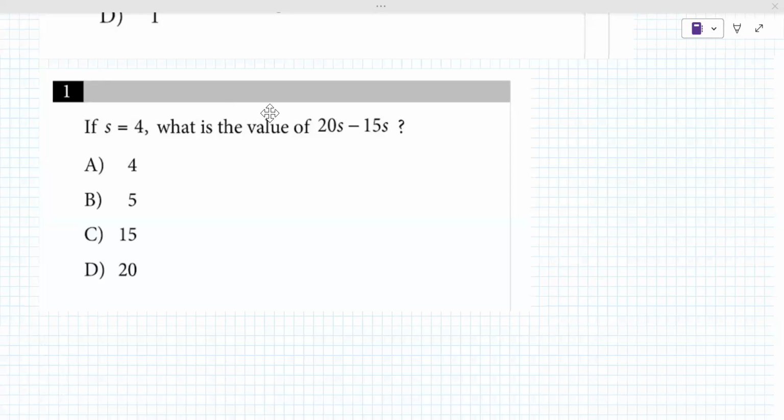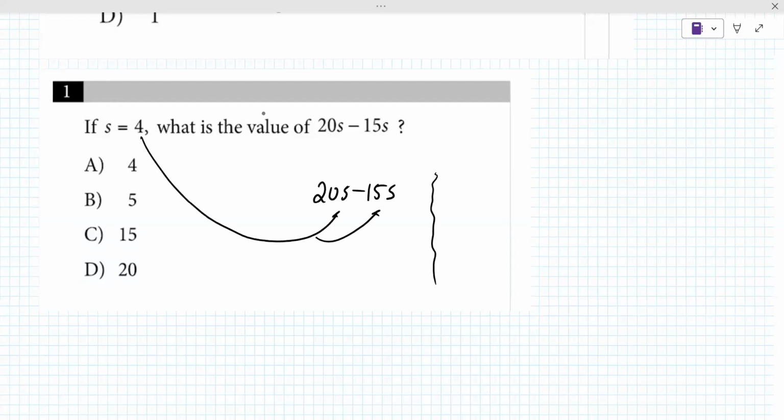Yeah, I hear that, but there is no equal sign over here. So, okay, let me try to clarify. You can either put 4 into both values of s, or you can subtract 5s and then still have to put the value of s in.